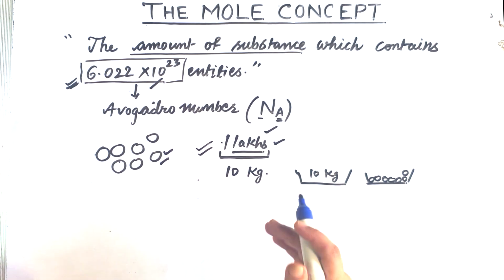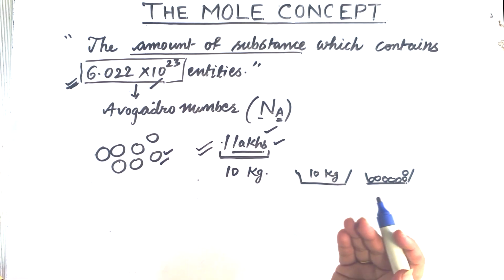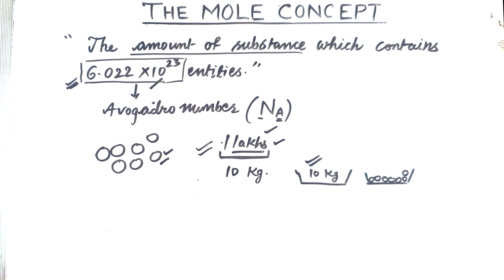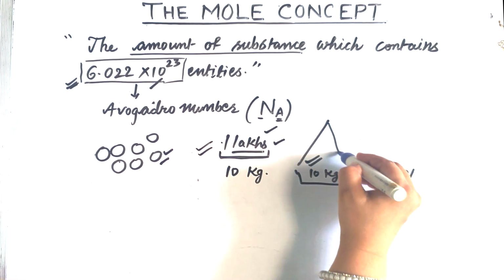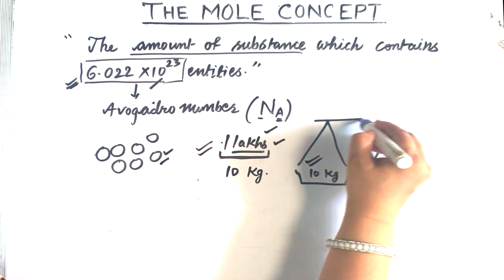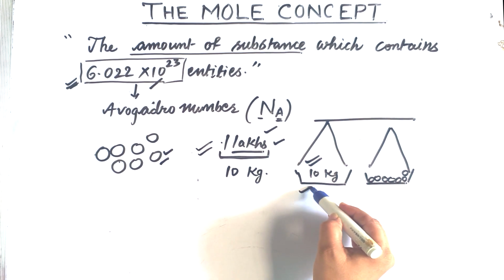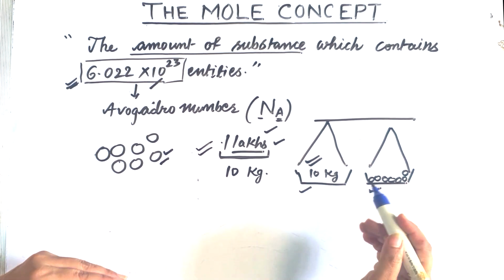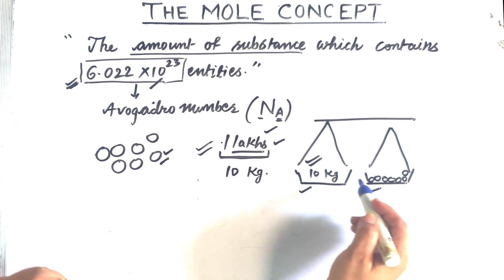I will keep on adding the balls till I get it equal to 10 kg on my weight balance. So this is the balance I am using: on one side I have taken 10 kg and on the other side I keep adding more and more balls till they are equalized.